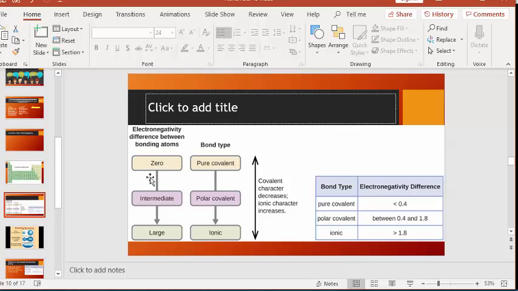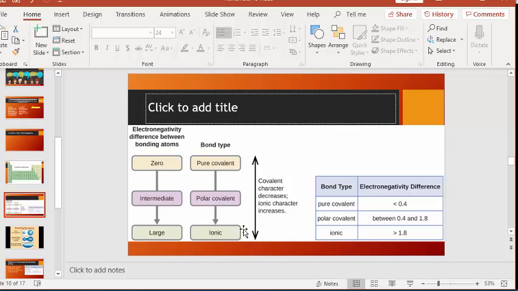We can have a zero difference, which is a pure covalent bond, meaning the electrons are equally shared. We can have an intermediate difference, which is a polar covalent bond. And then a large difference, which we say is an ionic bond.